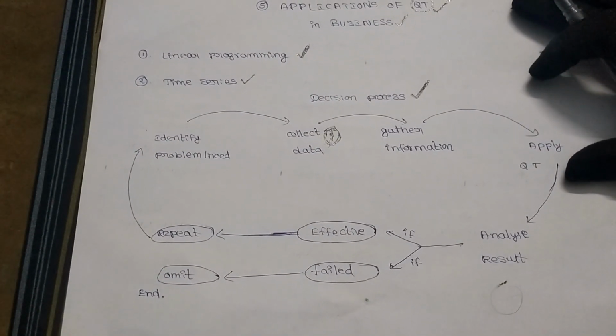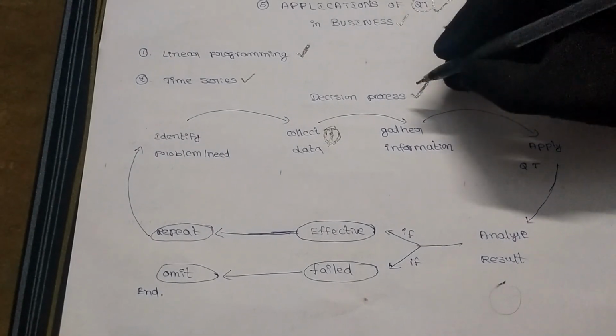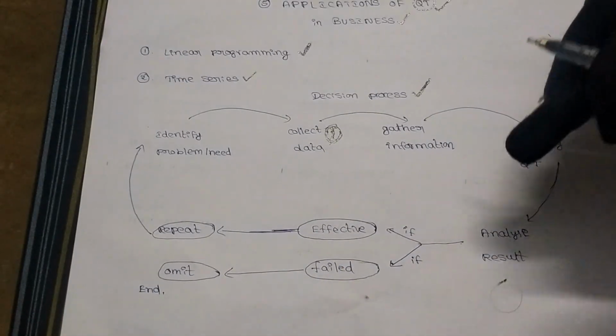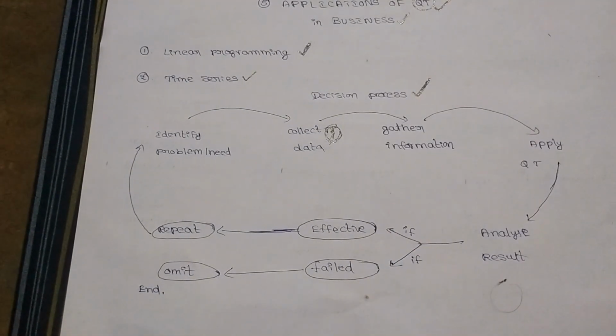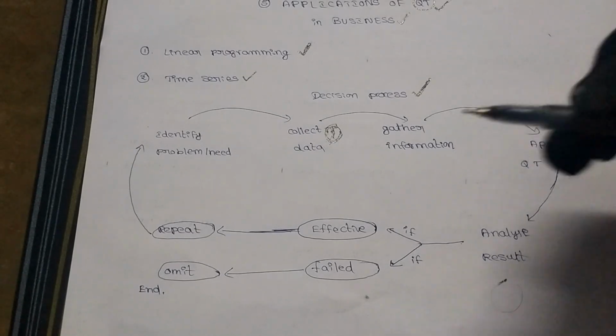Now let me tell you how the process of decision takes place in any business. So if you have seen this procedure, it's the actual process of decision making. Decision of a business should not be blindly taken. It should be logical and it should be reasonable.